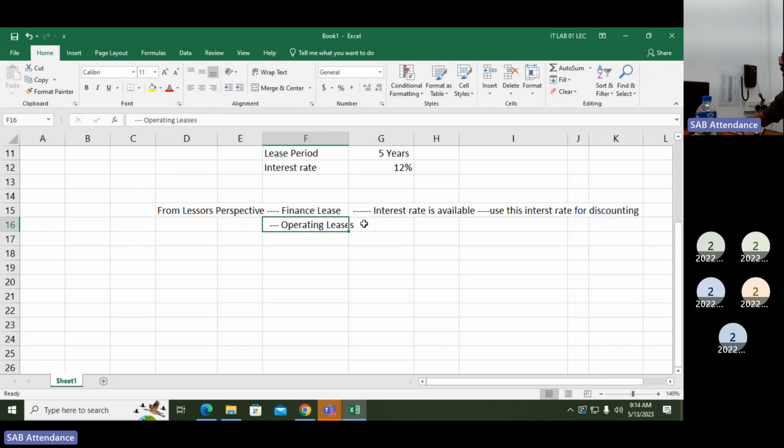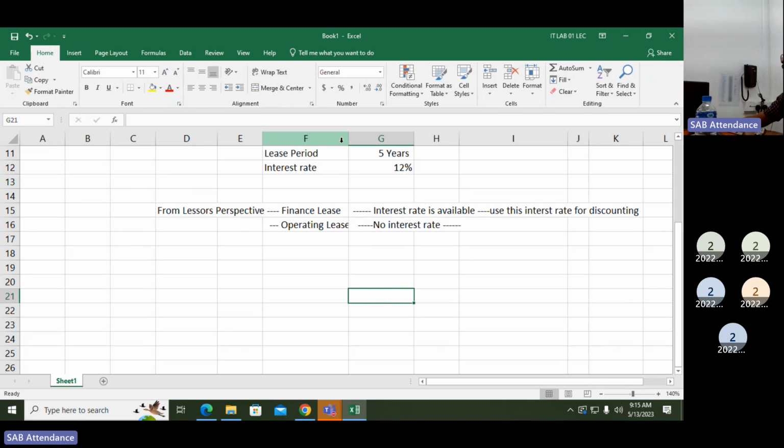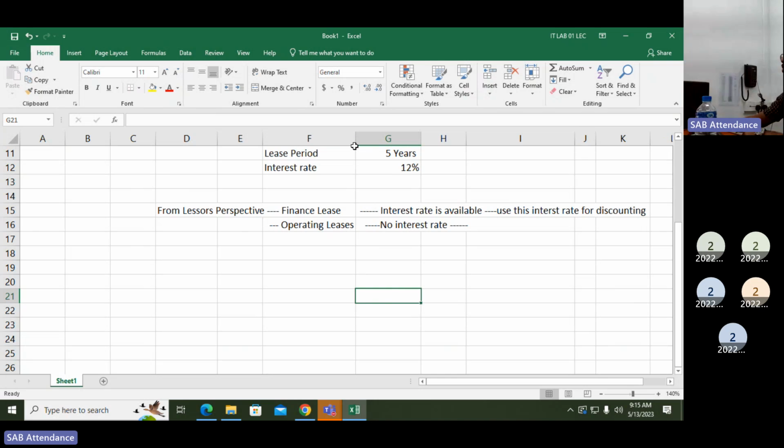But when the agreement is entered into in the form of an operating lease, there is no interest rate. It's like this. You enter into a lease agreement to use a building for a period of 5 years. The agreement is between you and the building owner.